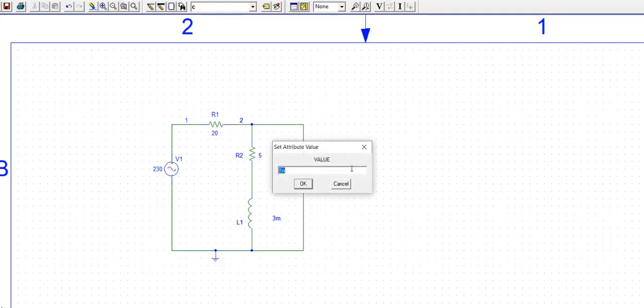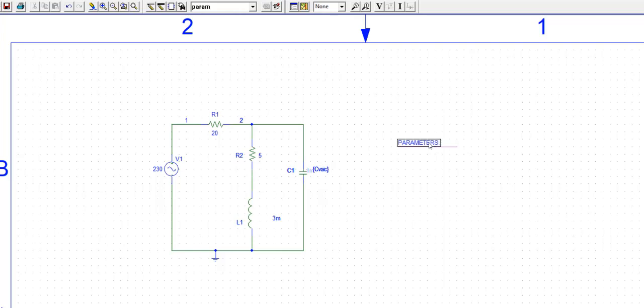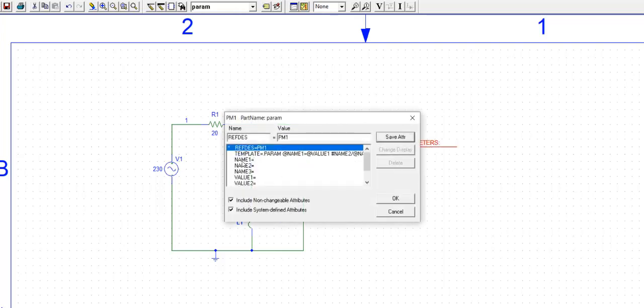Let's name this CVSC. Select param. And take value 1 as 1 micro.